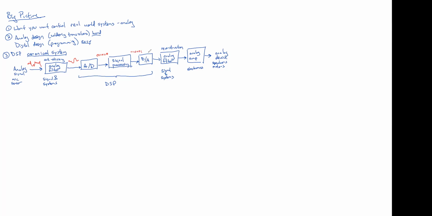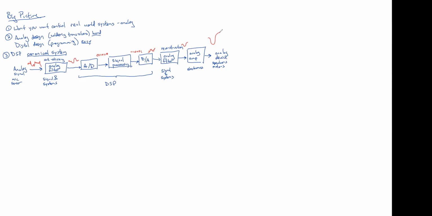Send it to your D to A, and now you have a discretized version of a waveform. After your analog reconstruction filter, it's now smooth, and now after your amplifier, it's now big, and it can control your speakers or your motors.